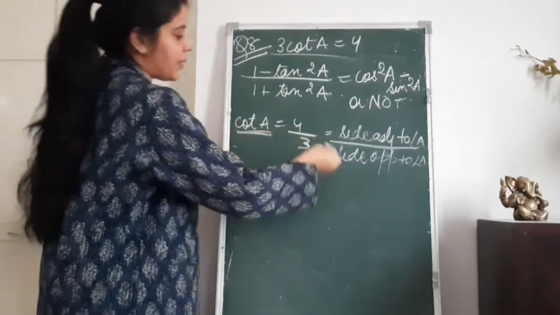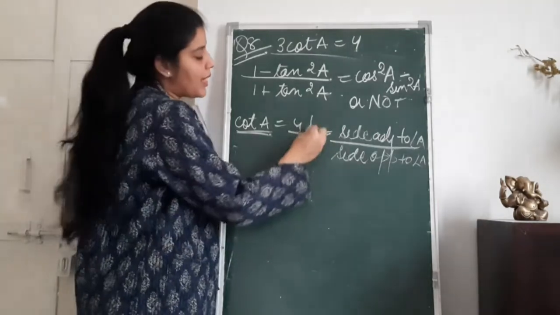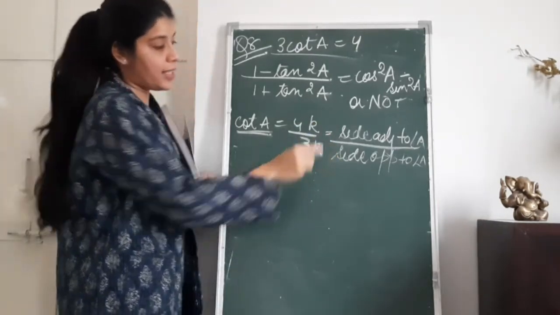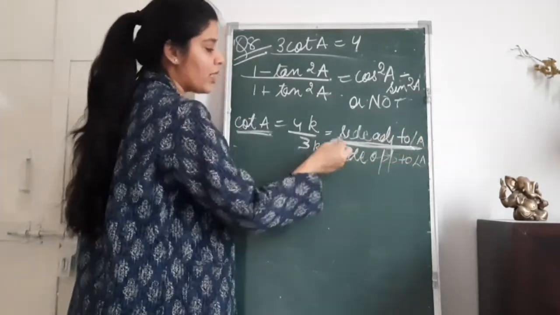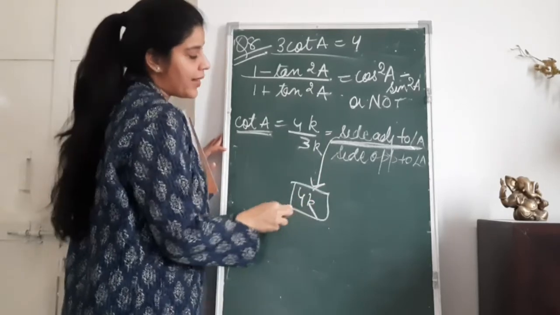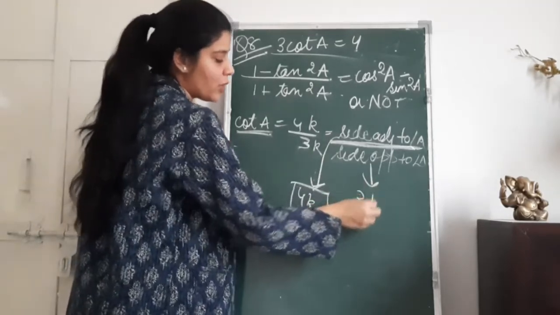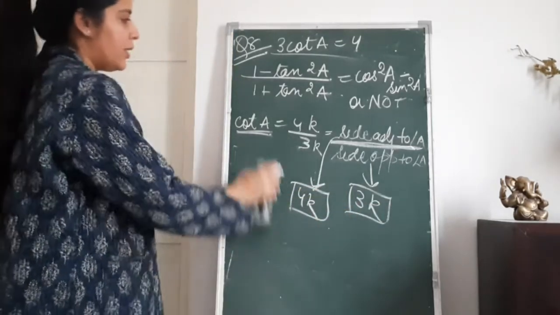Let us assume that there is a common number k which is being cancelled from both numerator and denominator. Then side adjacent to angle A is going to be equal to 4k, while side opposite to angle A is going to be equal to 3k. Let's draw this in a triangle.